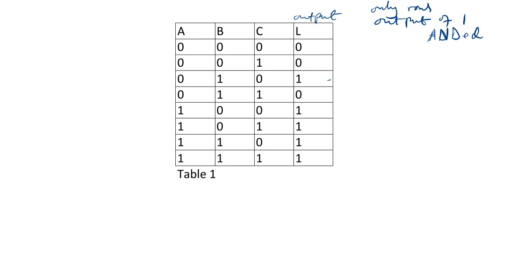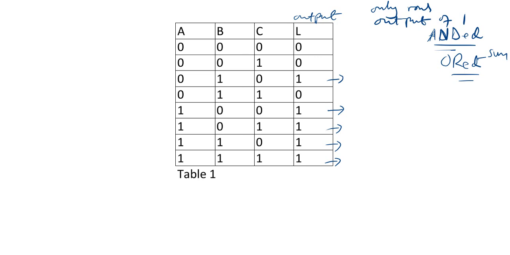So we consider only the rows with output of 1, and you write the ANDed expression for that. After that, you OR all the expressions that we have written for all the rows. ORed means you sum.